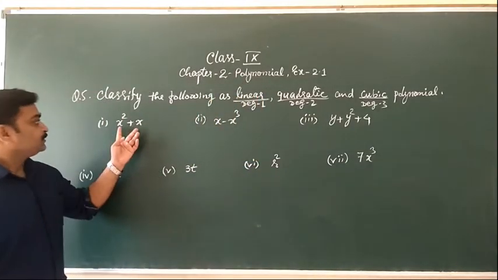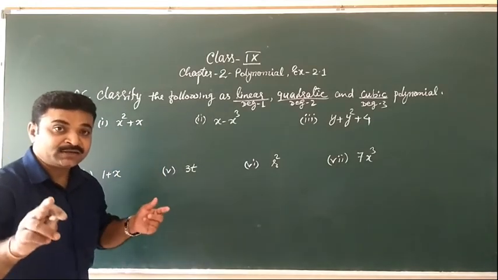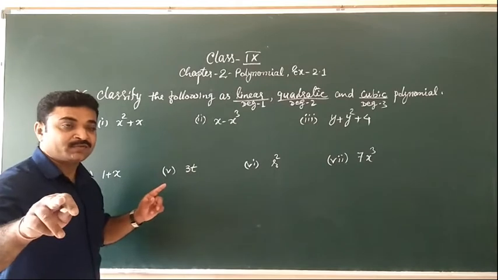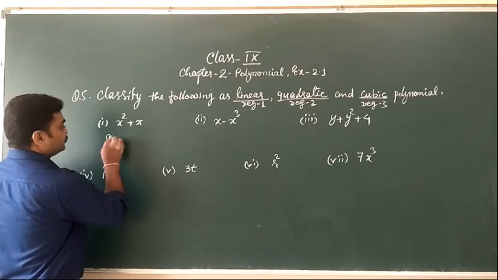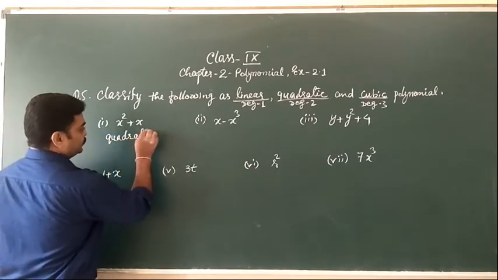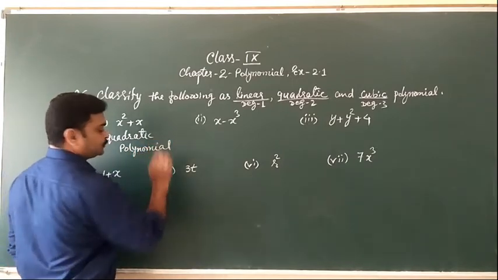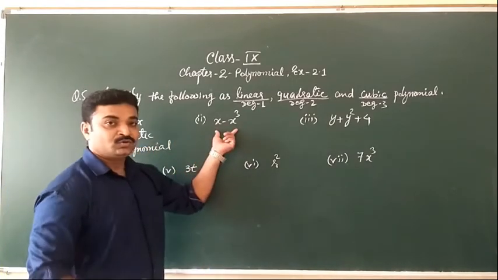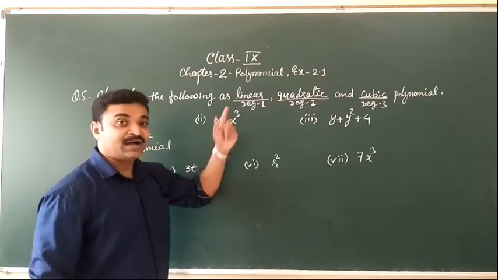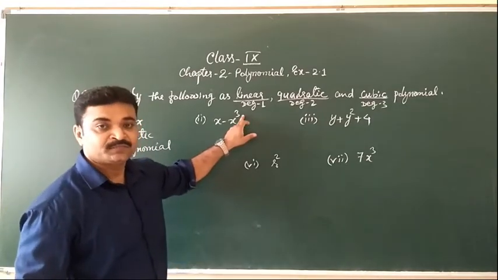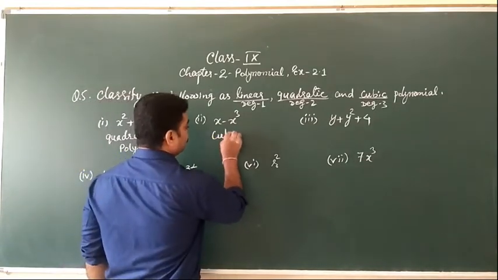So here x square plus x is a binomial, but the highest power of the variable is 2. That means it is a quadratic polynomial. Here 2 terms are there, it's a binomial, but the highest power of the variable is 3. That means it's a cubic polynomial.